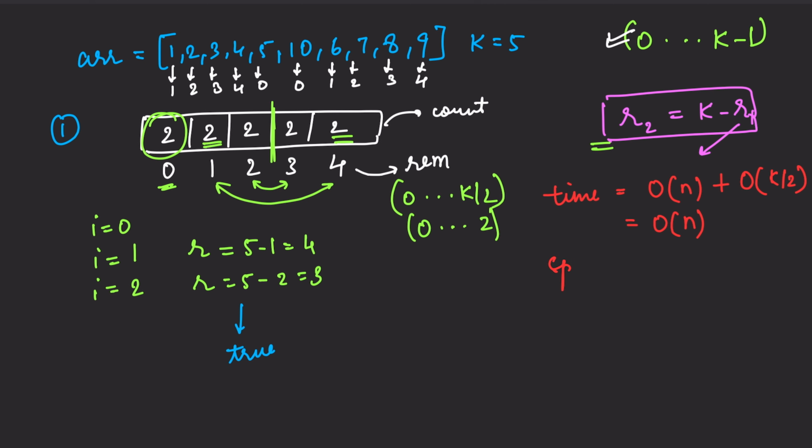For space complexity, it will be O of k because the max value will be k, like we discussed. The range will be 0 to k minus 1.